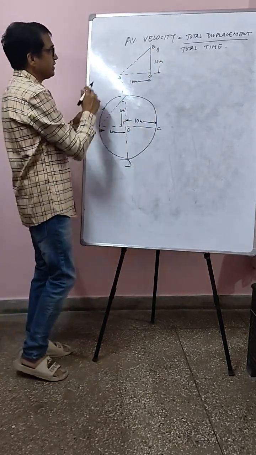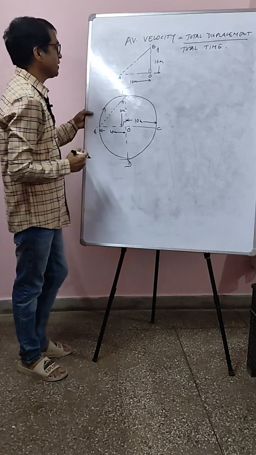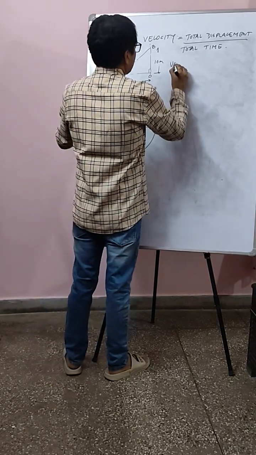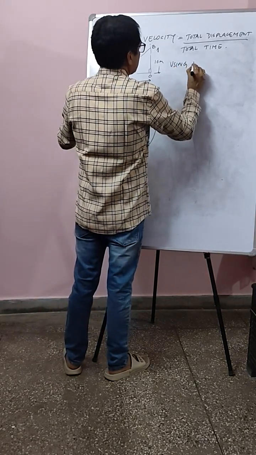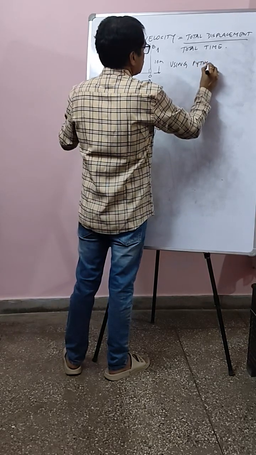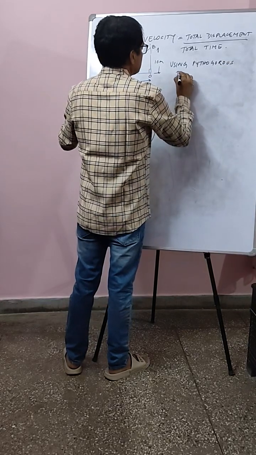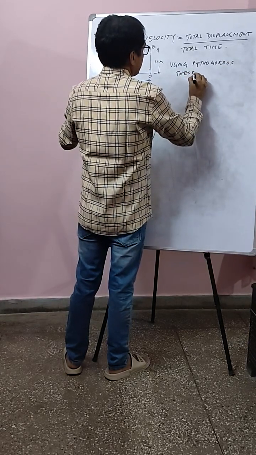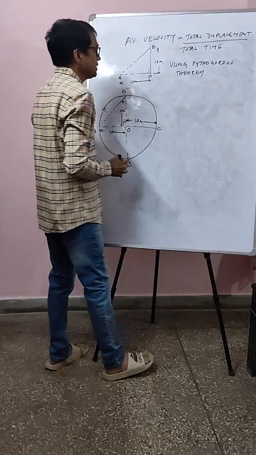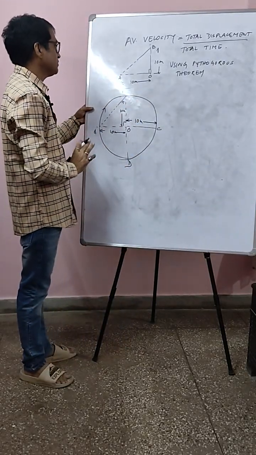So we have to find AB. How will we find AB? Using Pythagoras theorem. Using Pythagoras theorem, you find the value of AB.